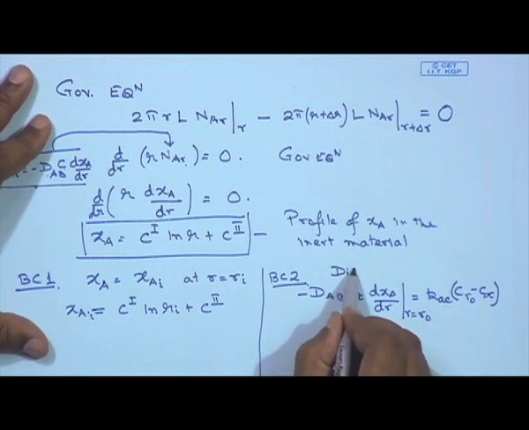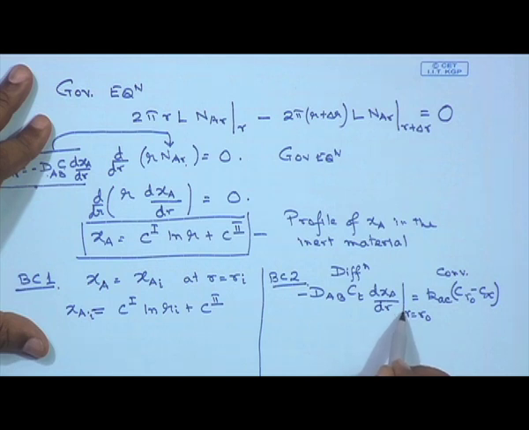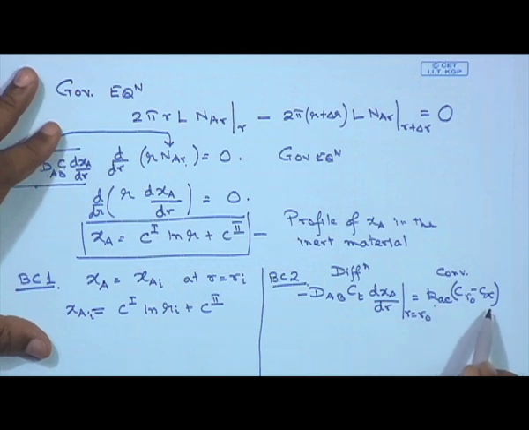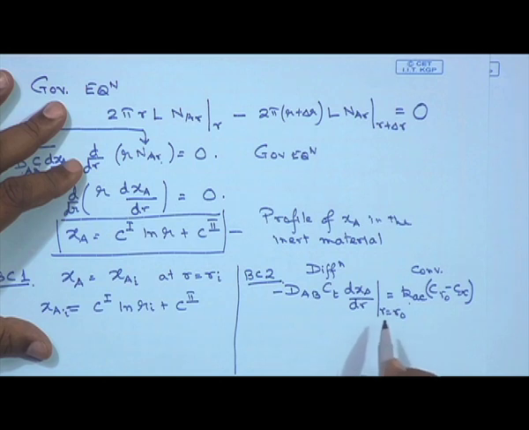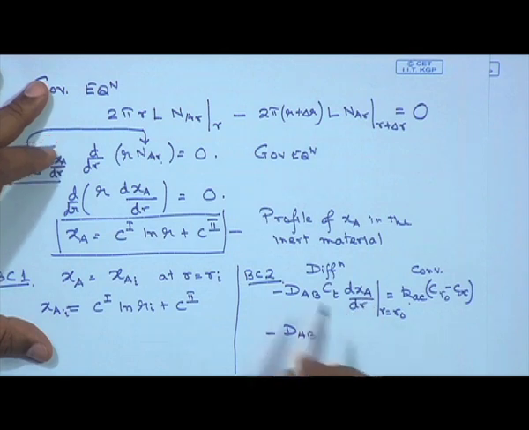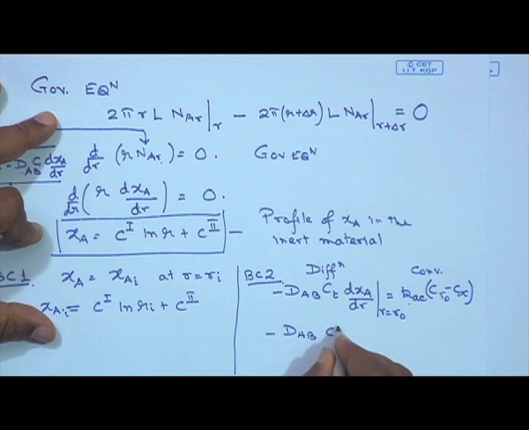So, this is essentially the diffusion and this is convection. So, on the control surface which characterizes the outer surface of the coating, diffusion of A must be equal to the convection of A away from the drug into the intestinal juices. So, we can write this as minus D_AB and dx_A/dr. If you look at dx_A/dr from here, it is going to be C1 divided by r, evaluated at R_0.